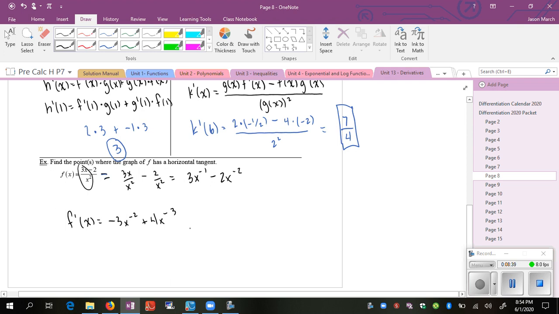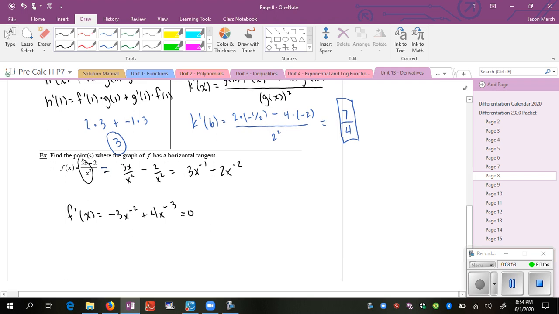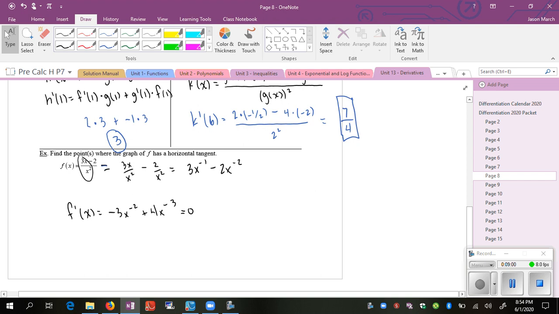Find the points where the graph of f has a horizontal tangent. So we need to know where this is equal to 0. We could rewrite this with fractions in it, or a method that I've used in the past is to factor out a GCF, which is kind of weird to look at because we have negative exponents.